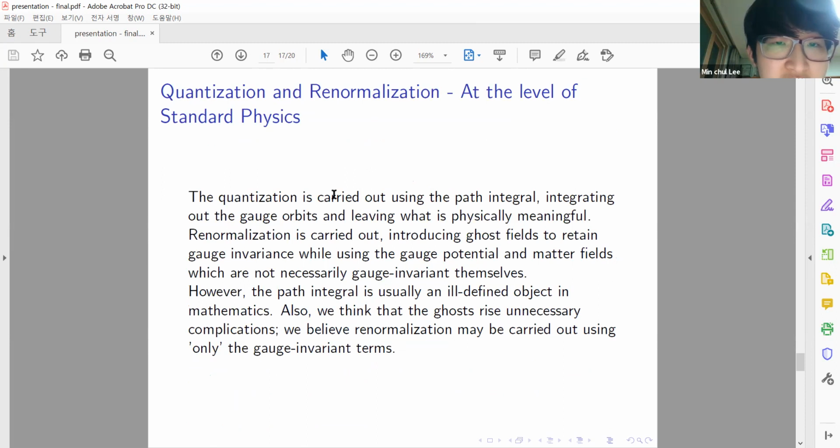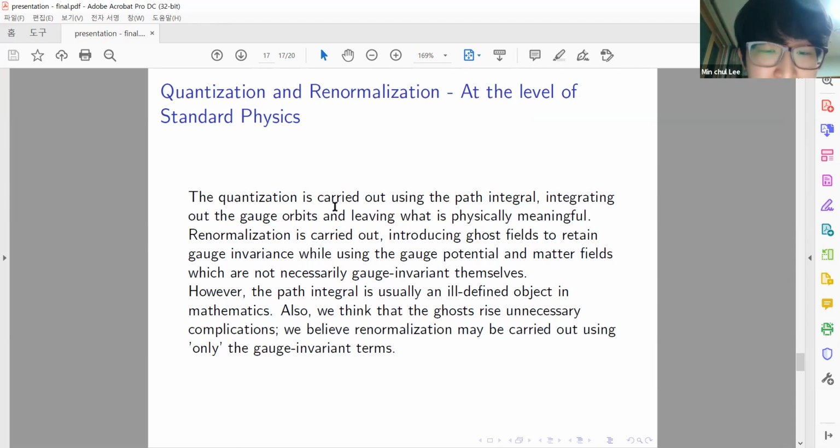So, quantization and renormalization at the level of standard physics. The quantization is carried out using the path integral, integrating out the gauge orbits and leaving what is physically meaningful. Renormalization is carried out introducing ghost fields to retain gauge invariance while using the gauge potential and matter fields, which are not necessarily gauge invariant themselves. This is the BRST transformation, as Professor Sullivan mentioned.